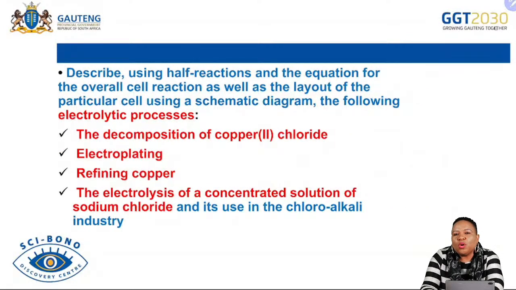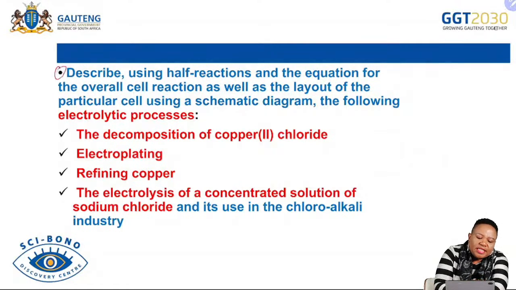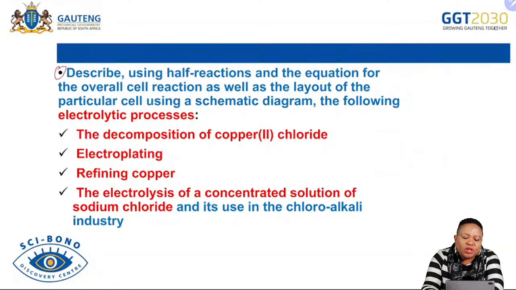Now, you are also required to describe, using the half reactions, the equations for the overall cell reaction as well as the layout of the particular cell using schematic diagrams. Also discuss the following processes, which are going to be the processes that are undertaken by different electrolytic cells.